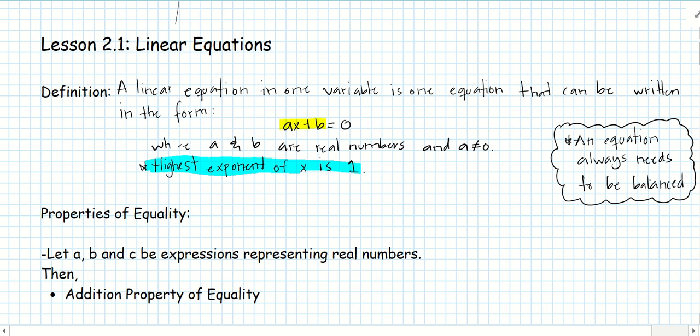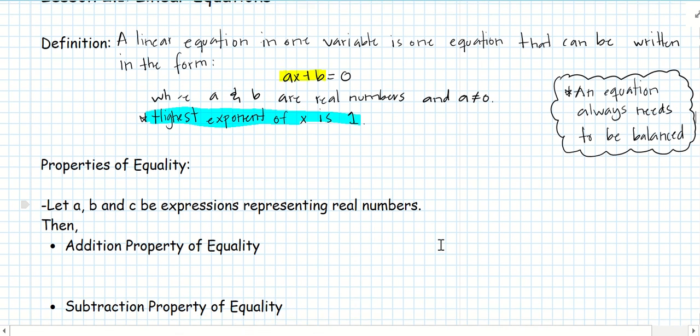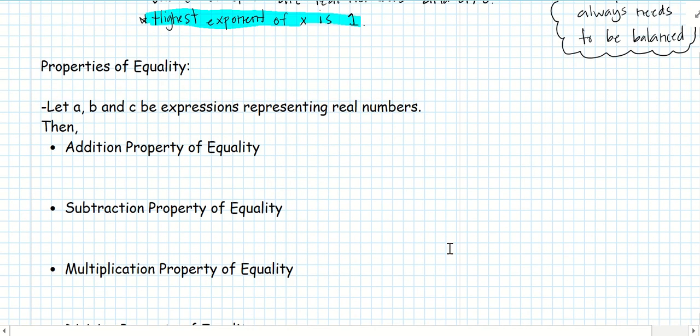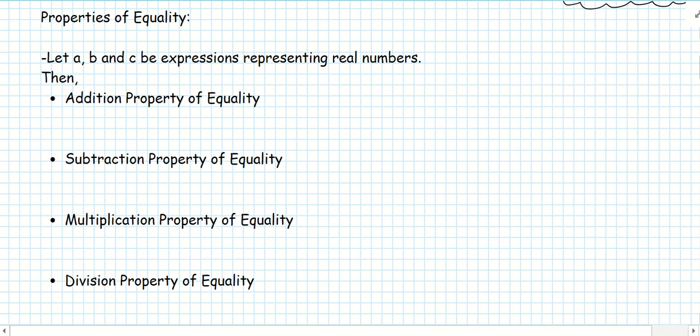Or if you're putting something new on one side of the equation, you also have to put it on the other side in order for the original equation to be balanced. So that's going to bring us to the properties of equality. For properties of equality, we're going to let A, B, and C be expressions representing real numbers.